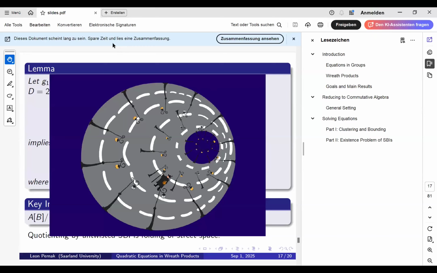Well, other classes in the sense of, like, GGS, yeah, for example. Well, yes, I have spent a significant amount of time trying to decide quadratic equations in contracting regular branch groups, among others, with the technique of these tree languages.